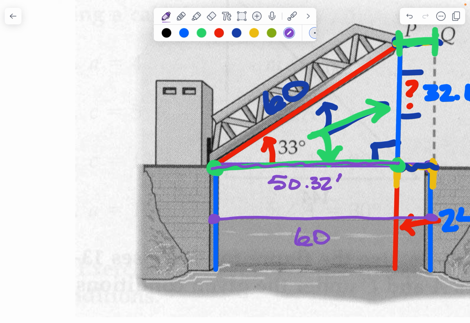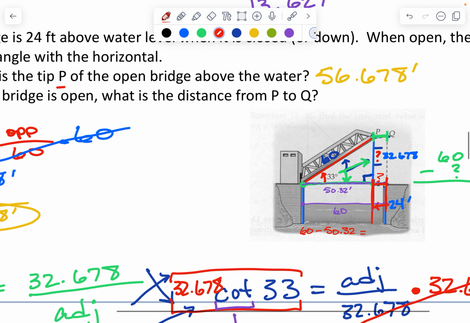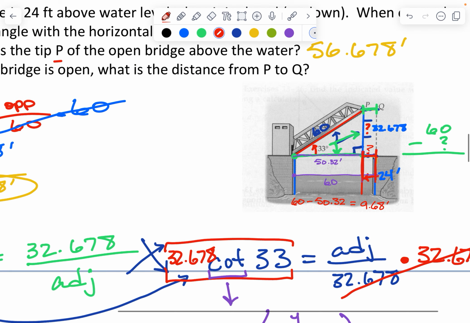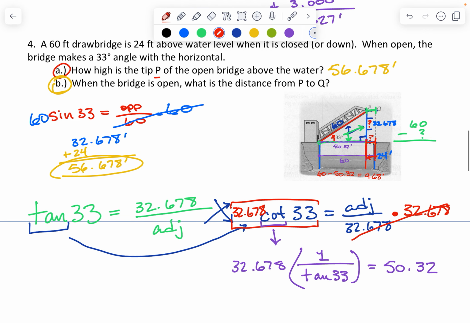And so if I want to know what this little portion is from there to there, I need to take 60 minus 50.32, and that will give me the little remaining distance of 9.68 feet.